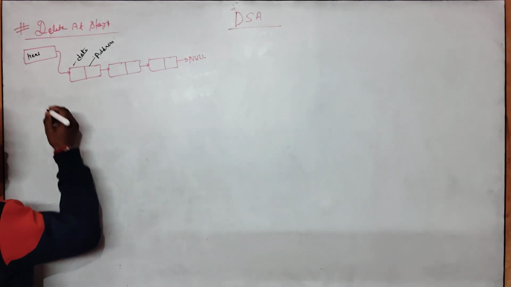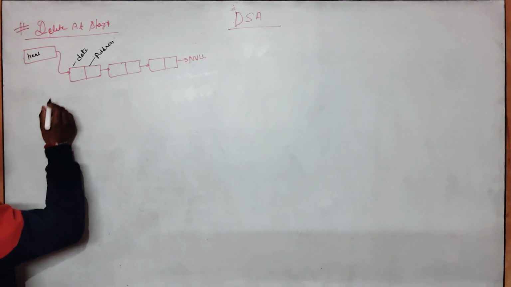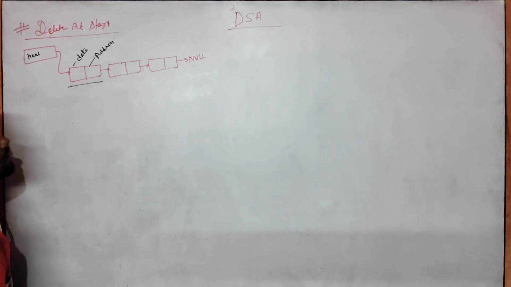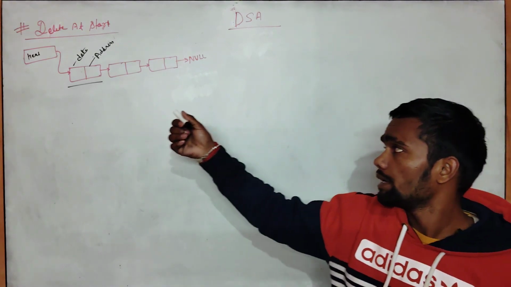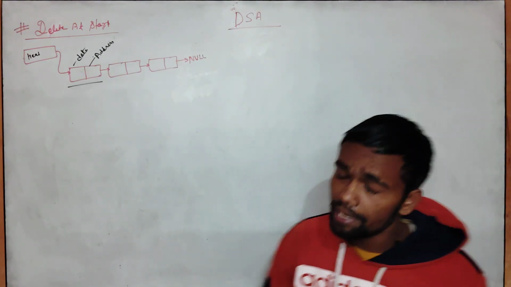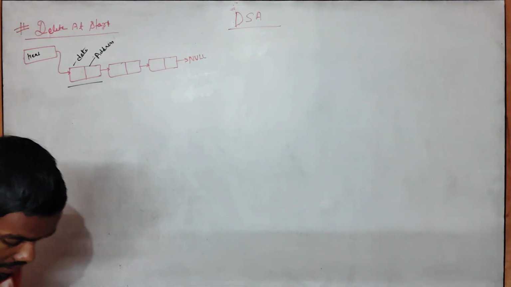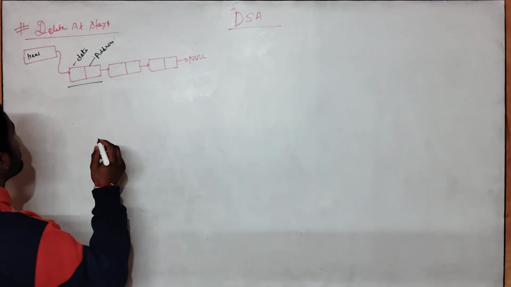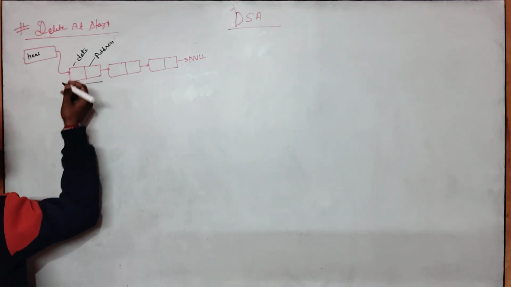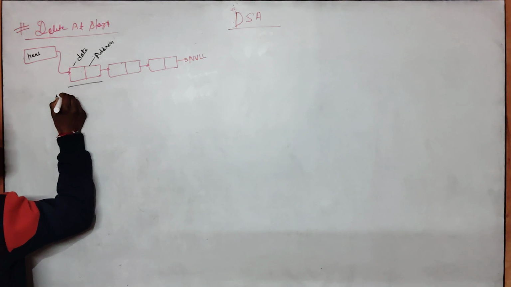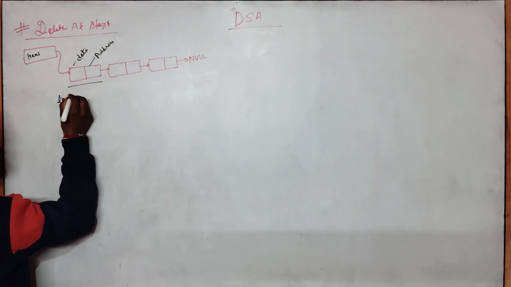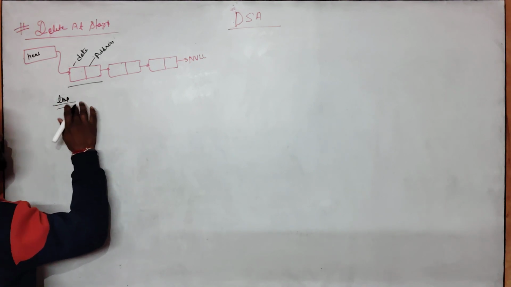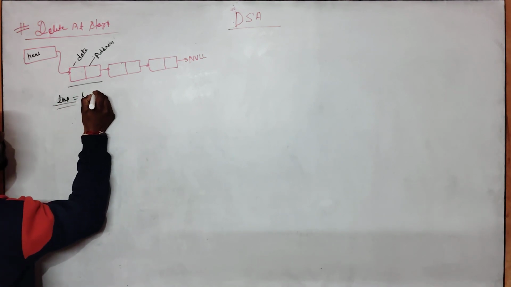Suppose I want to delete this node at the head. What will we do here? Firstly, you need to look here. I just create one temp node. I want to delete the head, so I create one temp, temp is equal to head.